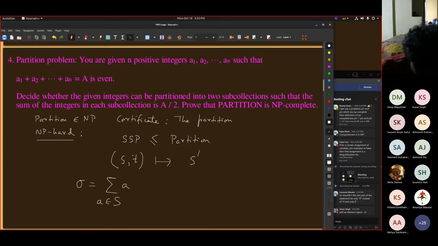For example, I can assume without loss of generality that T is less than or equal to sigma, and greater than or equal to 0. Otherwise, you know that this problem does not have a solution, so this is not a very interesting instance.